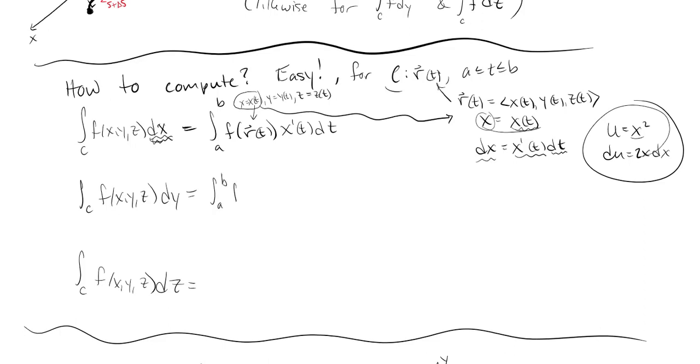For the y integral, I like to write it again in this kind of vector notation because it doesn't imply that you have a function of 2 or 3 variables. It says just whatever space your curve C is in, plug those coordinates of x, y, and z on that parameterization into your function here.